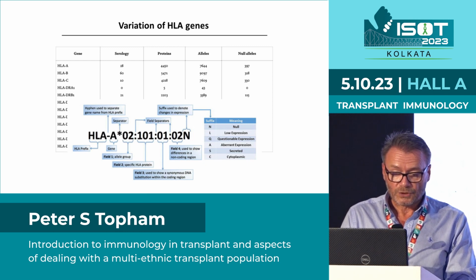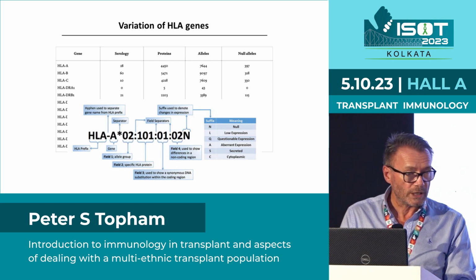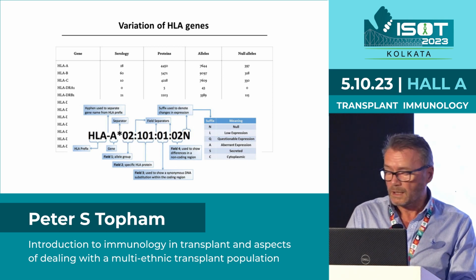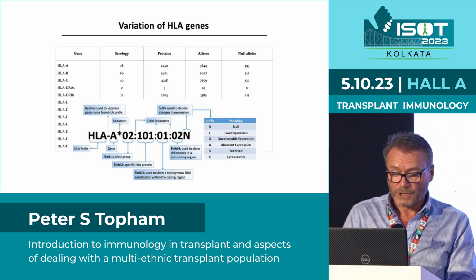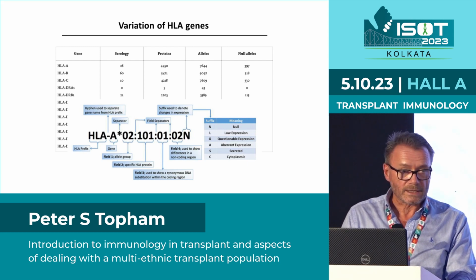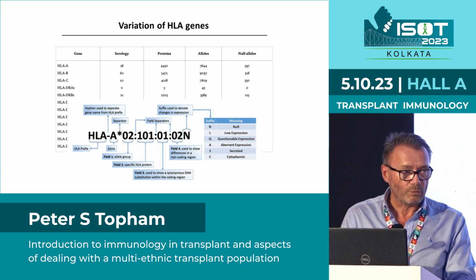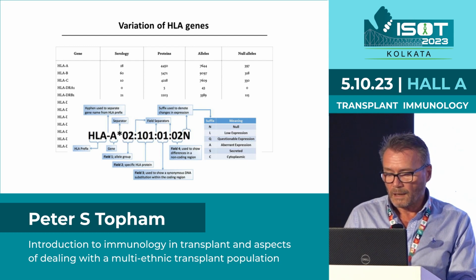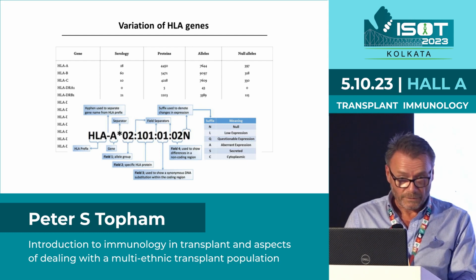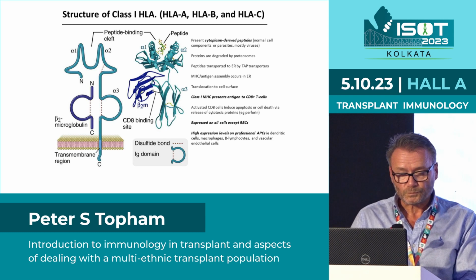And then right at the end, you've got a couple of modifiers that tell you about genetic mutations that arise in the exonic and intronic regions. And then at the very end, there's a suffix that explains how those mutations affect the expression of those HLA proteins.